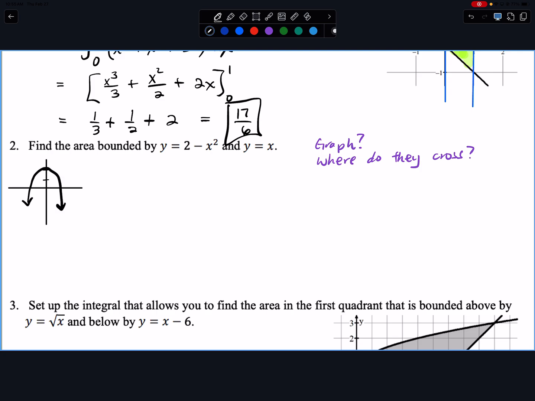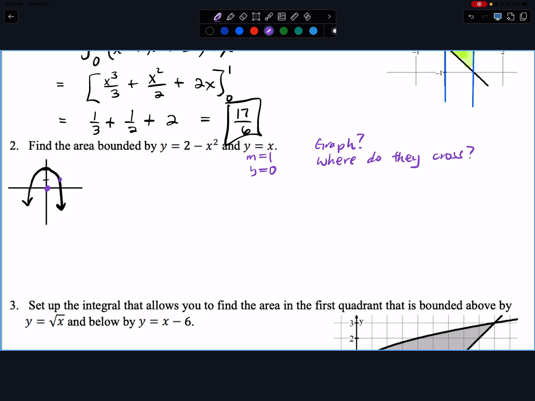And then y is equal to x. That's a line where the slope is 1. Is there a b? No, so what is it? 0. So it's a line that crosses the x-axis at 0 that has a slope of 1, up 1, over 1.